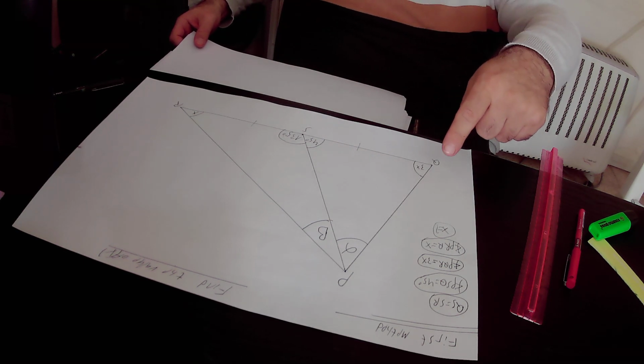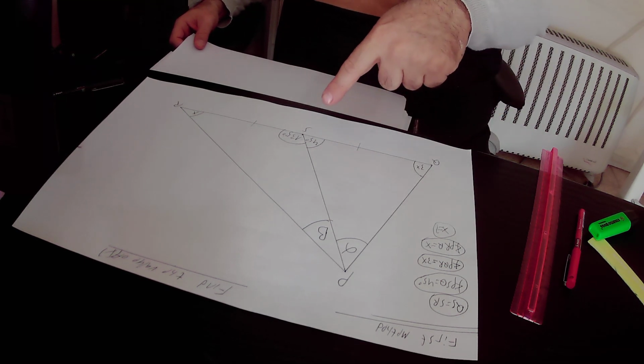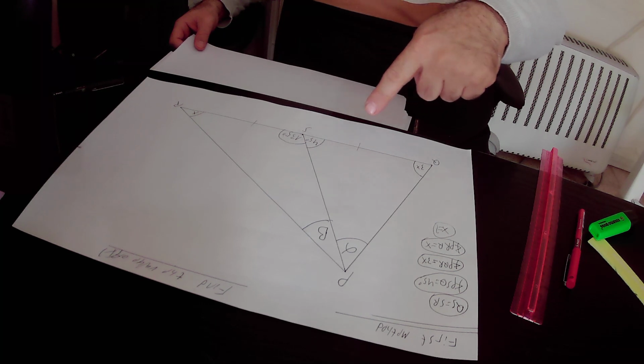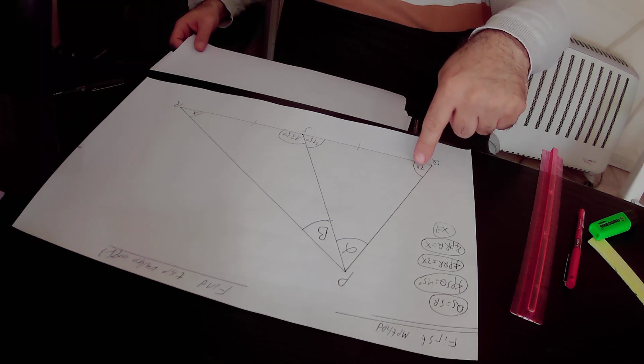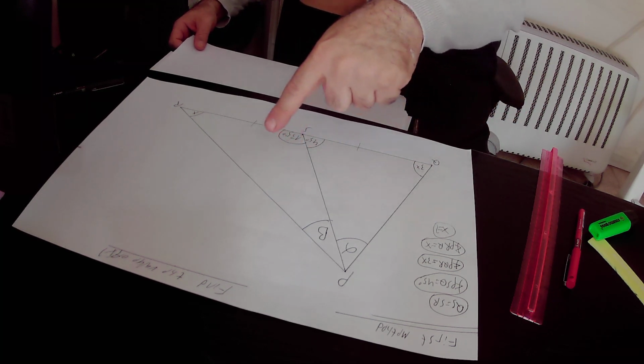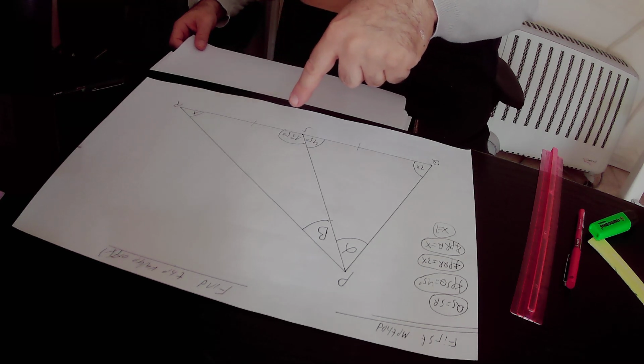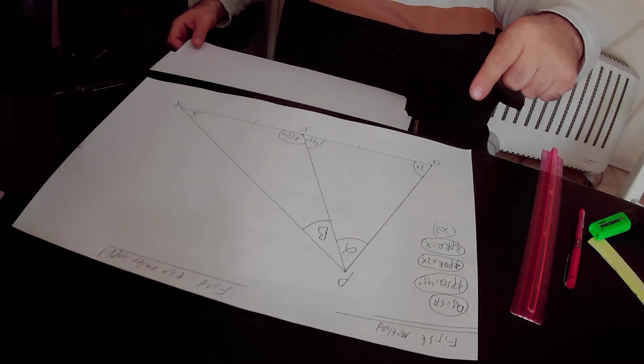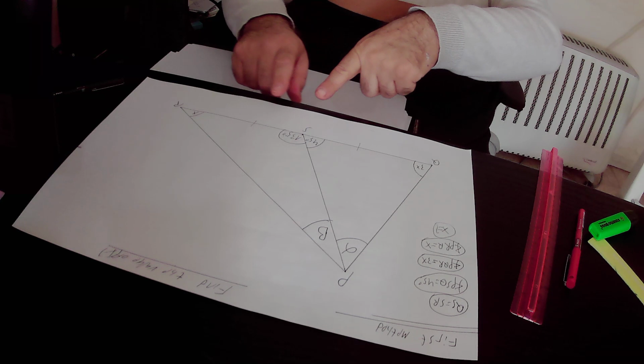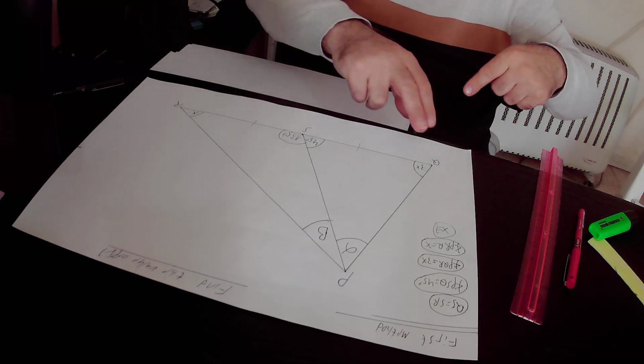We know that angle PSQ equals 45 degrees, angle PQR equals 3x, angle PRQ equals x, and we also know that QS equals SR, and we want to find out the value of angle x.